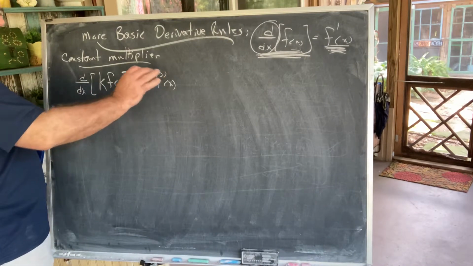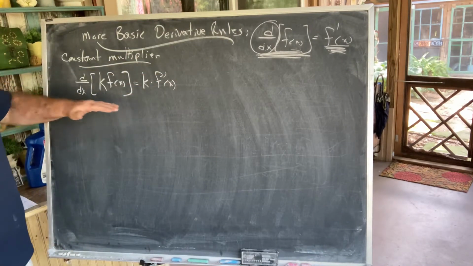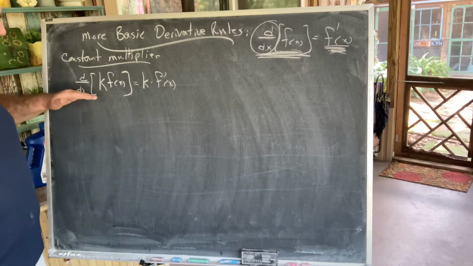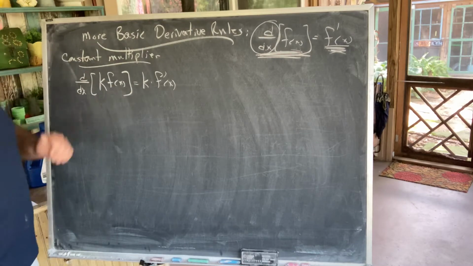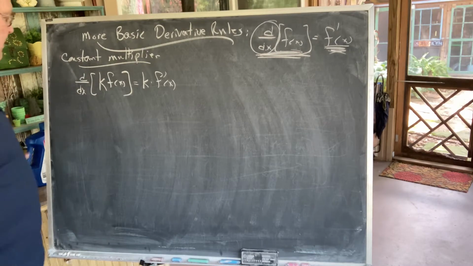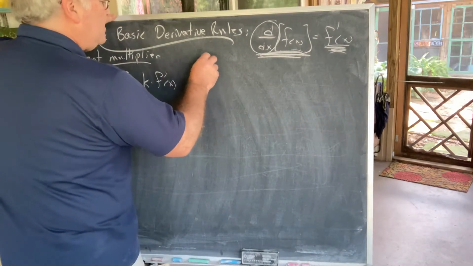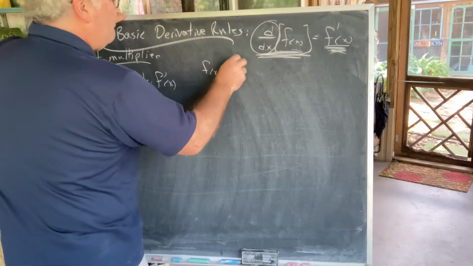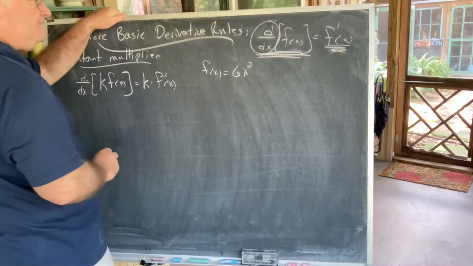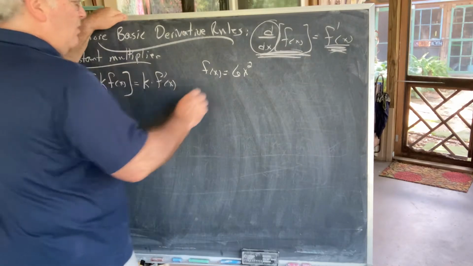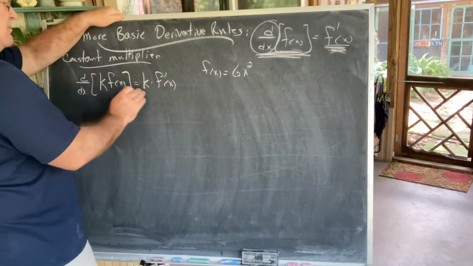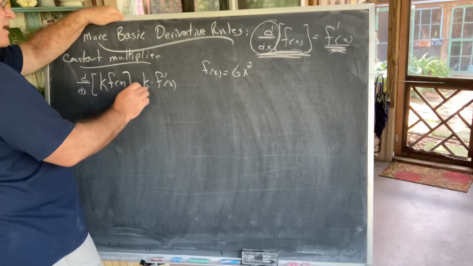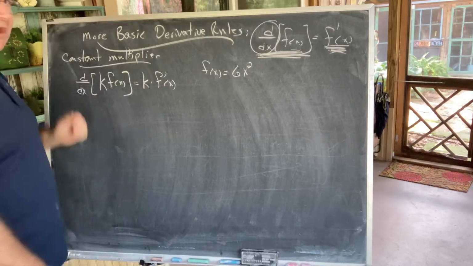Now, let me show you just a quick brush through as to why this is true. For your purposes, all you need to do is know this rule and apply it. So first, let's do a few specific examples. Suppose f of x is given by 6x to the second. Well, this is a constant multiplier and the power rule. The constant multiplier rule says constant multipliers multiply along, just like in limits.